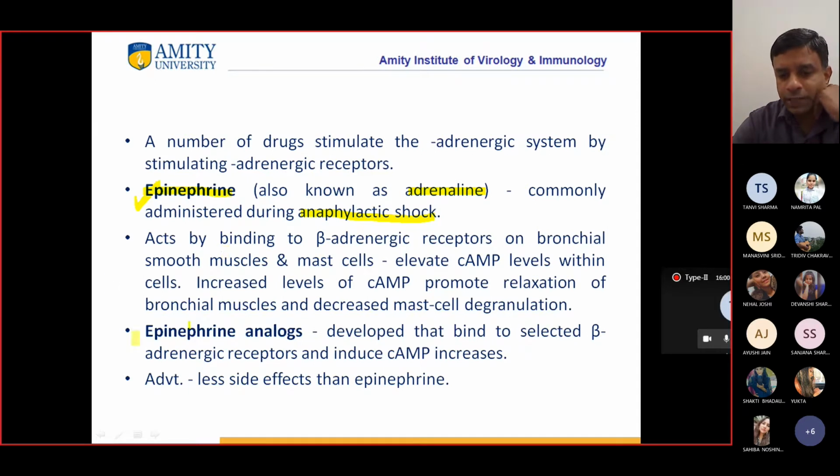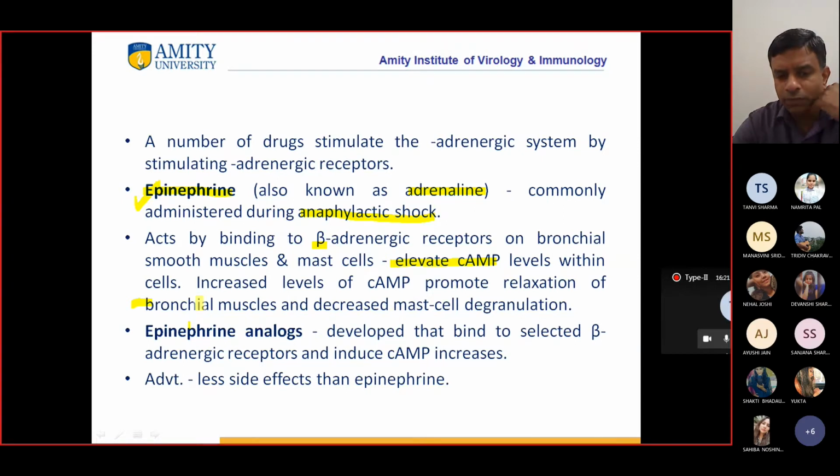And that leads to elevated cAMP levels within the cells. And if cAMP levels are increased, then degranulation does not take place.